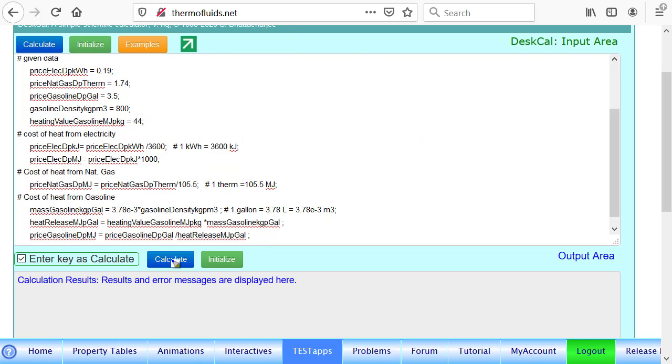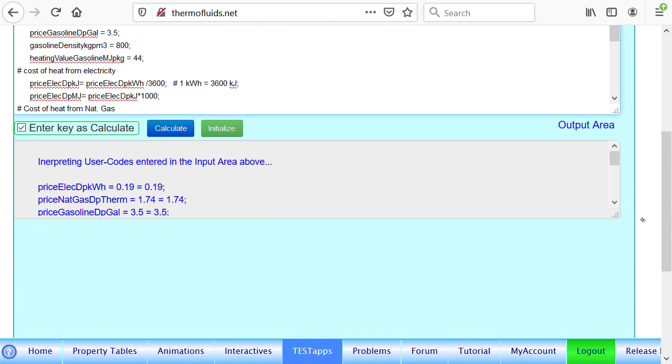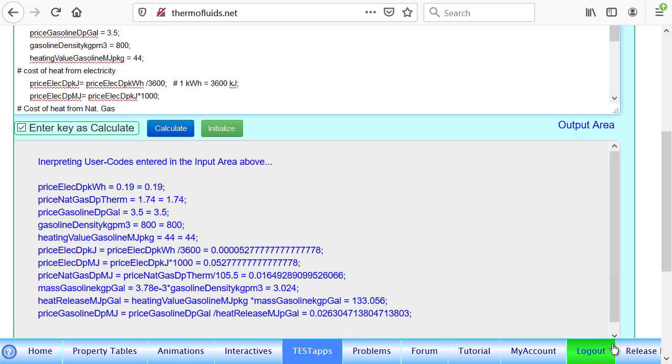Now if we click the calculate button, we can compare the three prices. All the variables are found. In case you make a mistake, it will point out where you made the mistake.